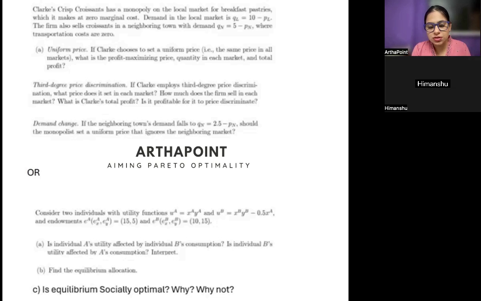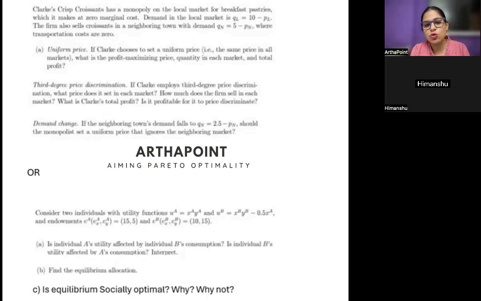Okay. What about the third part? Because maybe you have done the second one incorrectly, you won't be able to compare it. So I want the demand change part. In this case, I was getting a price more than 2.5, so the neighboring market will be closed. I mean, nobody will buy there. The price is coming out as 3.13, so I found my quantity is negative 0.63.